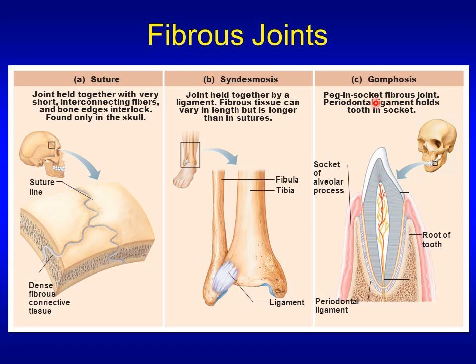And in the gomphoses, the peg in a socket, there is a tooth which is fitted into the socket formed by the alveolar process of maxilla or mandible, and there is the periodontal ligament which is helping to hold that tooth into that socket. So this ligament inside, the periodontal ligament, is helping to hold that tooth into the socket, making it a typical gomphosis.